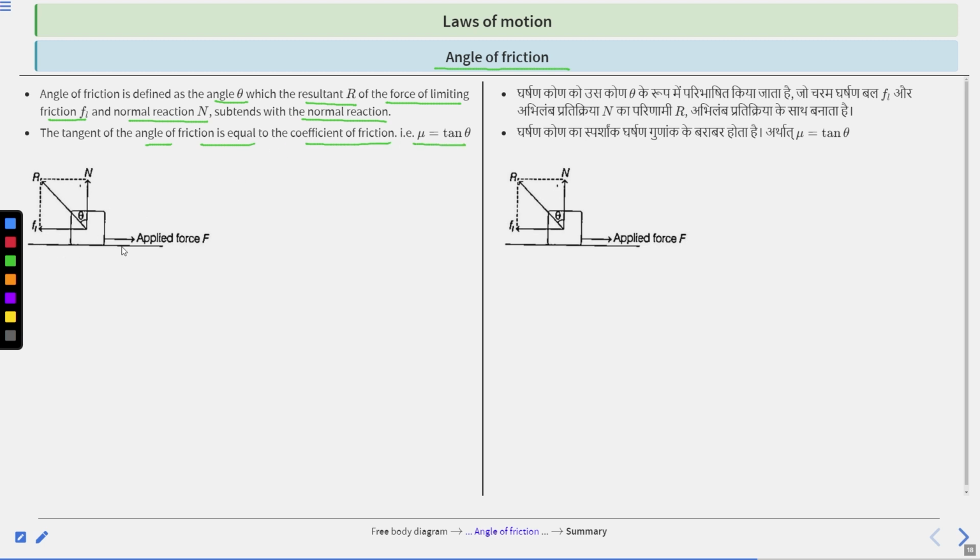So this is the surface and the applied force in this direction, and this is the resultant R, and this theta, with the normal acting upward. So the angle of friction theta is opposite in direction to the applied force. Clear?